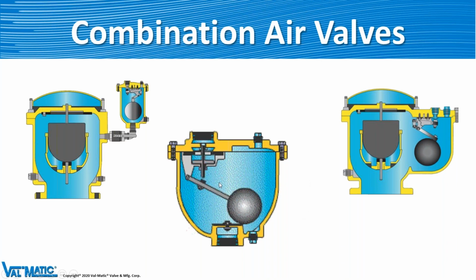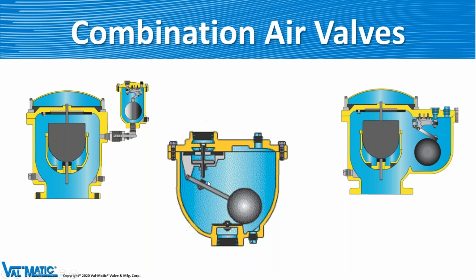What happens is when it's exhausting all the air, when the pipe is filling and so on, this piston that you see moving here stays up. Then if air does come into the high point, as it goes down, there's a little tiny hole in this stem right here that lets the air out.